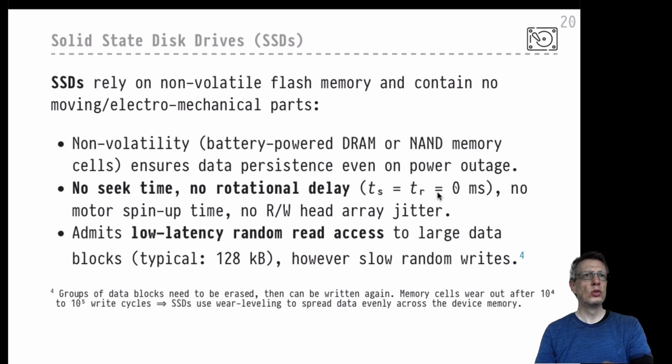No TS, no TR. We could access data blocks immediately, and typically the block size for such SSDs, the number of bytes that are moved in one read-write operation to and from these SSDs, is typically larger than 8 kilobytes. So a typical value would be 128 kilobytes.